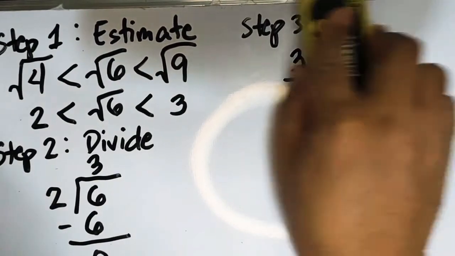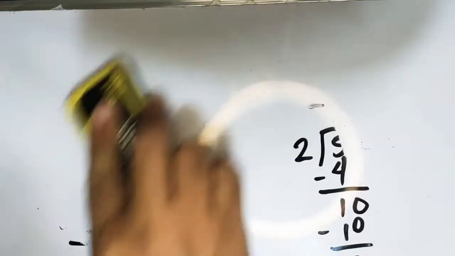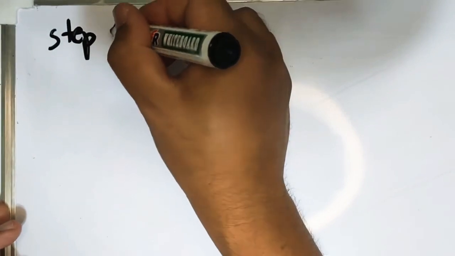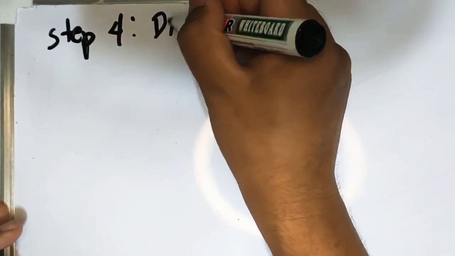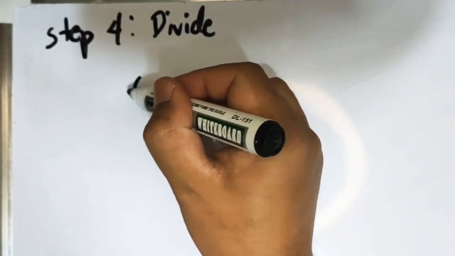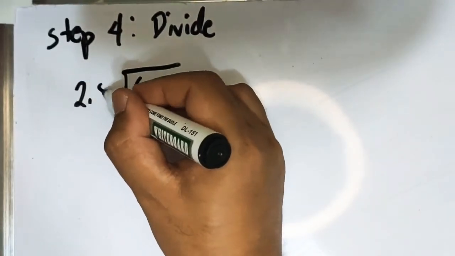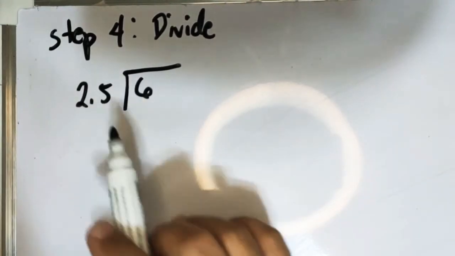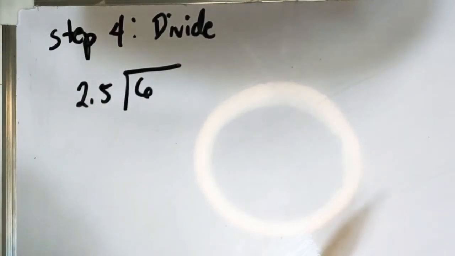Okay? So burahin ko muna to. So step 4 na tayo. Step 4, divide 6 by 2.5. Okay, yung 6, ito yung given natin. Yung 2.5, ito yung nakuha nating average kanina.